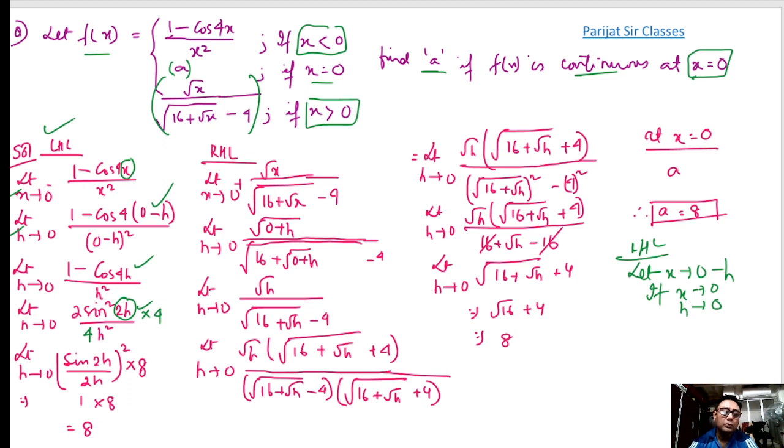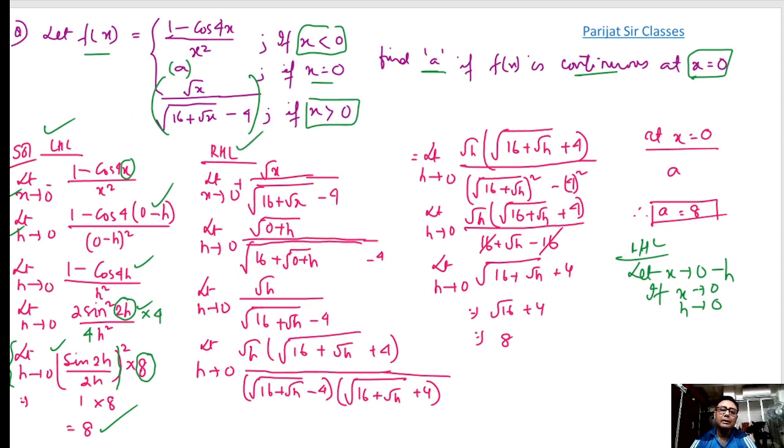So 4 into 2 is 8, and now this I can write it like this. And already I told you limit x tends to 0, sin x by x is 1. So this part will be 1. Square is 1, into 8, 8.